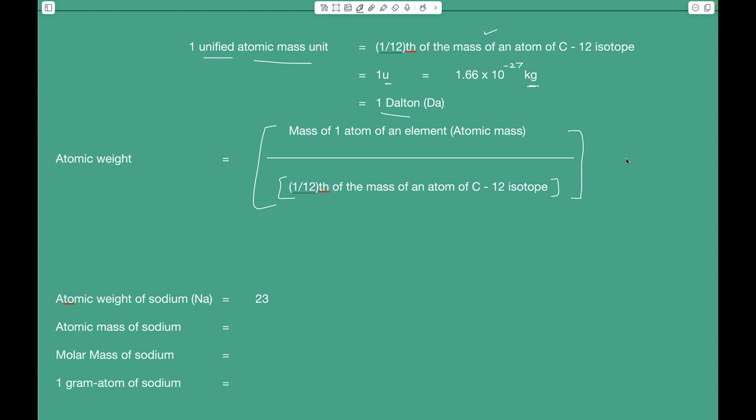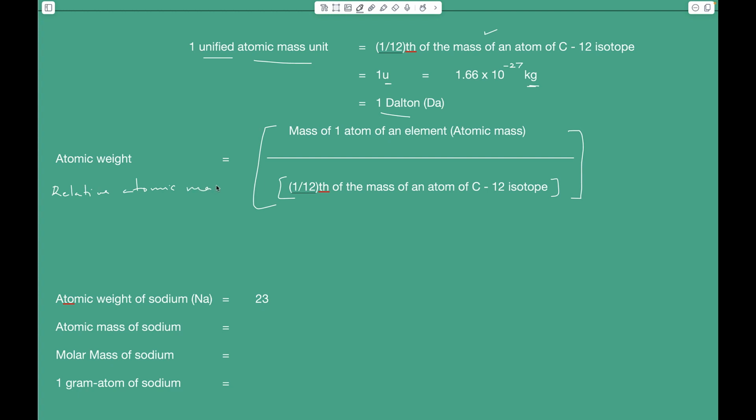And we can measure experimentally, using mass spectrometers, the atomic weights of different elements using the unified atomic mass unit as the standard. And we have a new name for atomic weight, that is relative atomic mass.